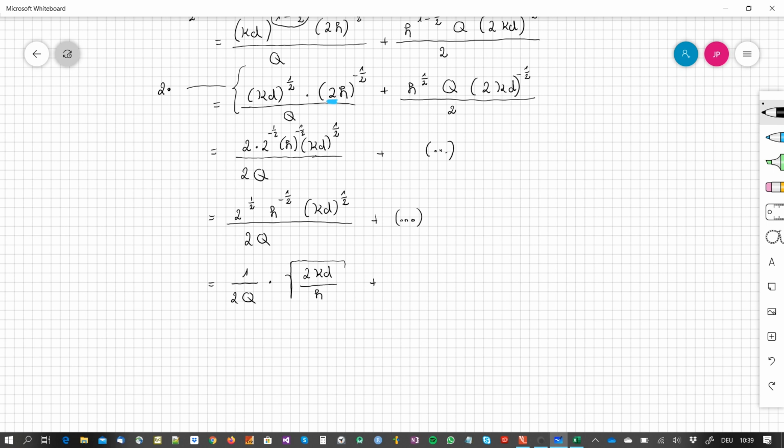I do the same for our second term. And you will see that this is, I put that also in square root, h divided by 2 kd. And now you should realize something. You should realize that this term actually is the expression for our optimal order quantity. And this one is the term just reversed.